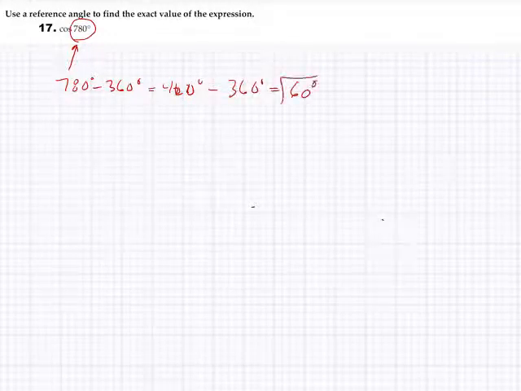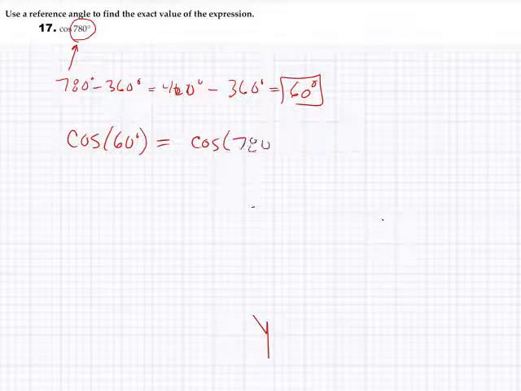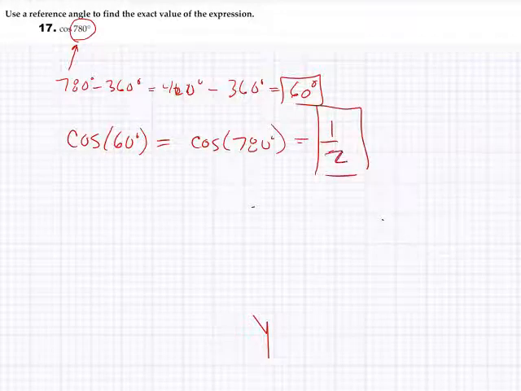Okay? So 780 and 60 are coterminal to one another. So if I can find the cosine of 60 degrees, that should be the same as the cosine of 780 degrees. Well, we should all know the cosine of 60 degrees is 1/2. So there's our answer.